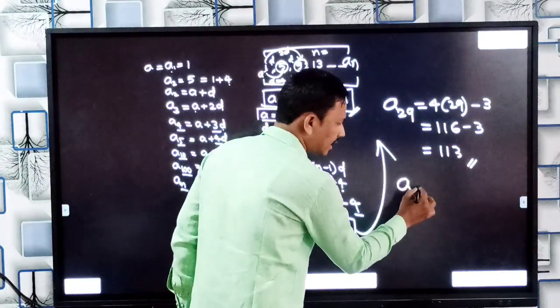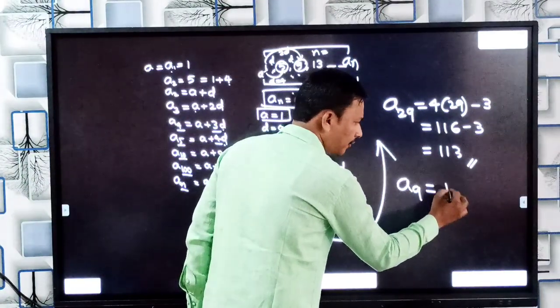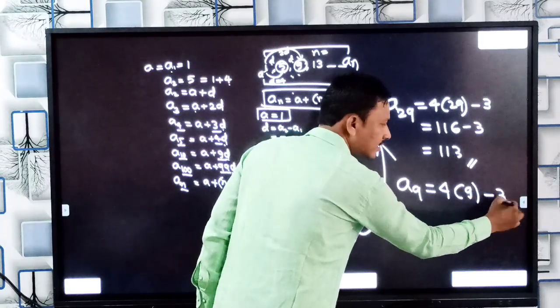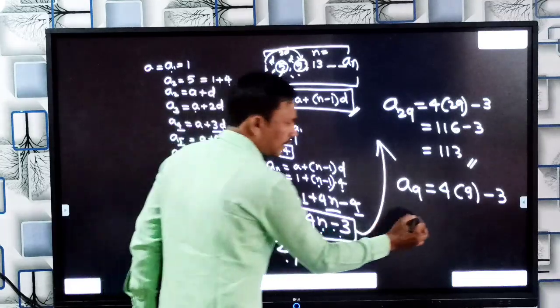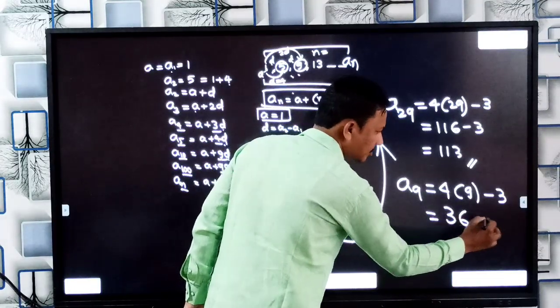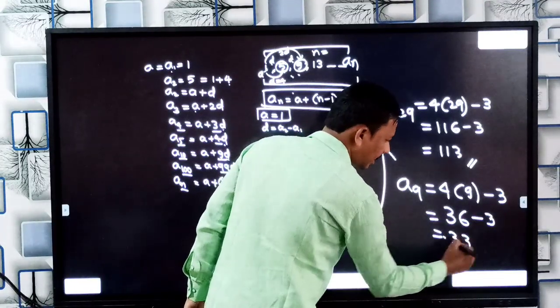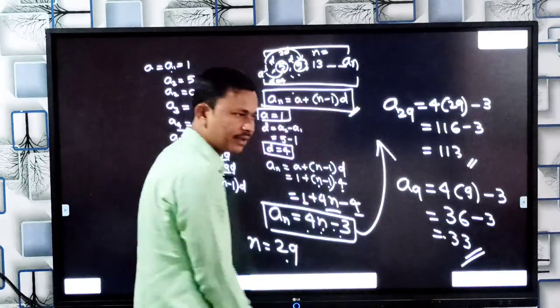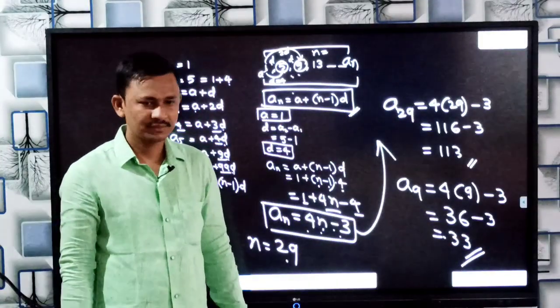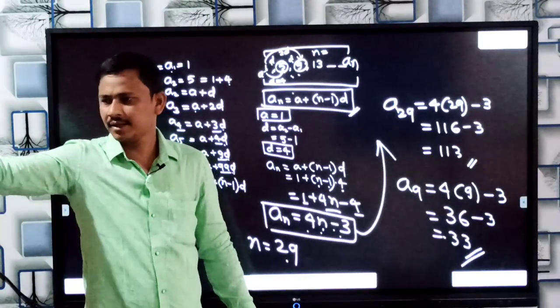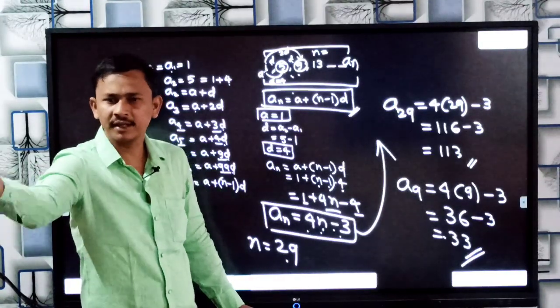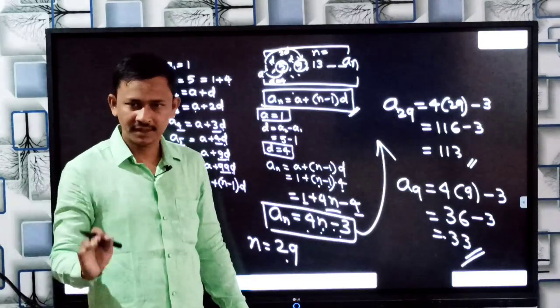If n is equal to 9, next 4 in bracket 9 minus 3. This is equal to 4 9s are 36 minus 3. What is the answer? 33. The amount with Rachangoda is 33. Check madu. 1, 5, 9, 13, 17, 21, 25, 29, 33. Correct?